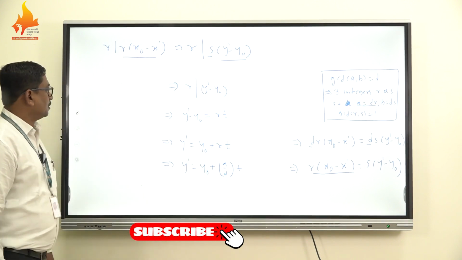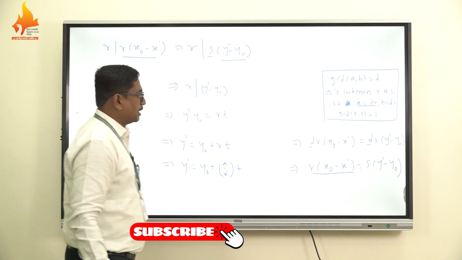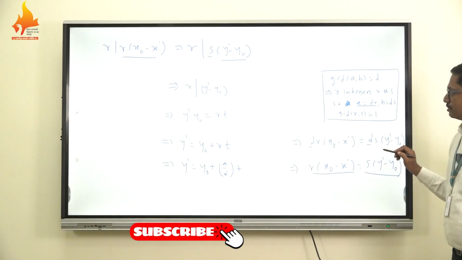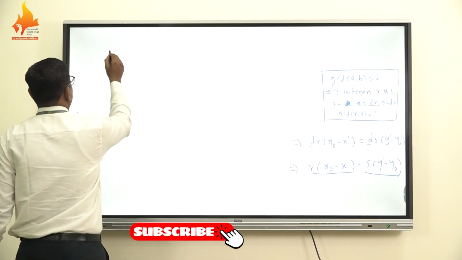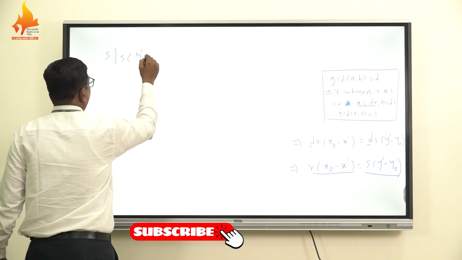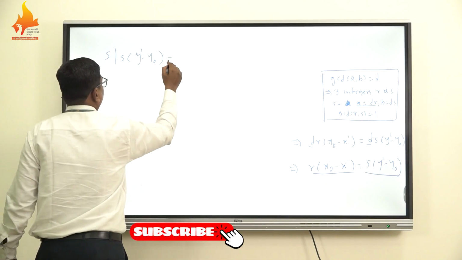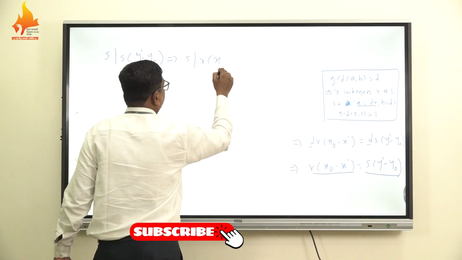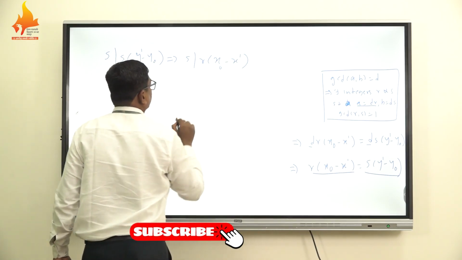Once again, this term is divisible by s. So s divides s into (y dash minus y naught). This implies s has to divide r times (x naught minus x dash).